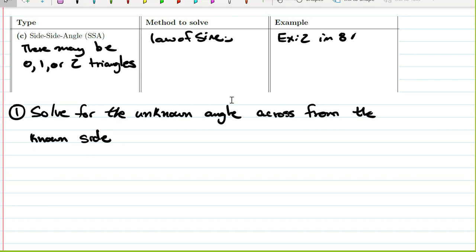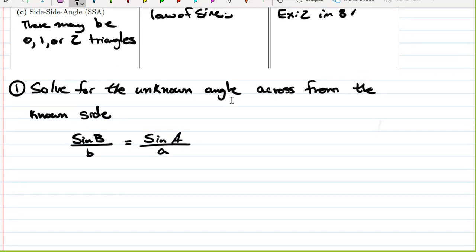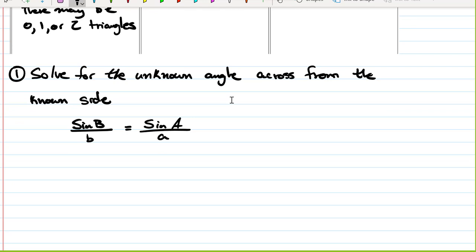So we set up our law of sines, and we're going to have sine B over b is equal to sine A over a. And we plug in our values. So we're going to have sine B over the length of side b, which is 28, is equal to the sine of 43.6 degrees divided by 15.